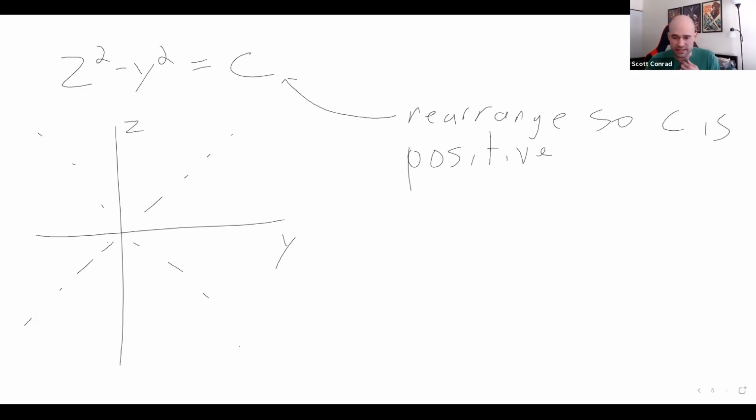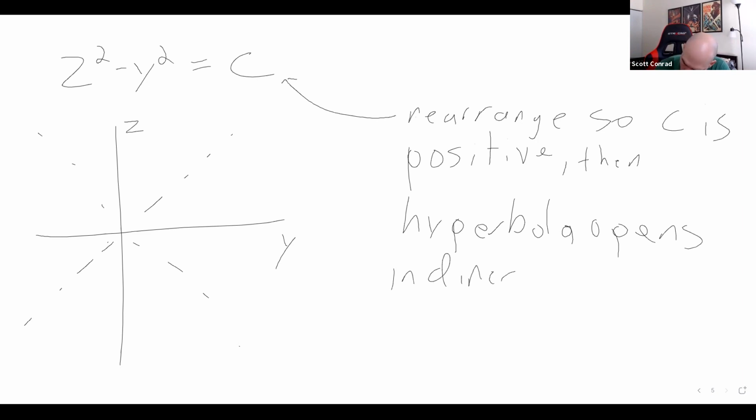So if you rearrange this so that the constant is positive, the positive variable, the one that's not being subtracted, is going to be the direction your hyperbola opens. So if you rearrange so that the constant is positive, the hyperbola opens in the direction of the positive variable.